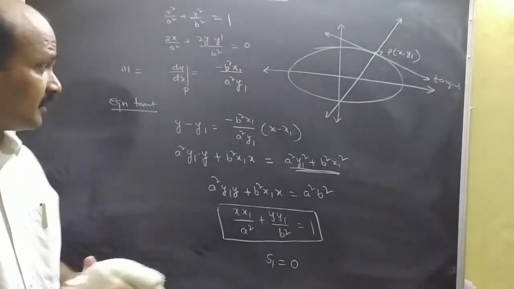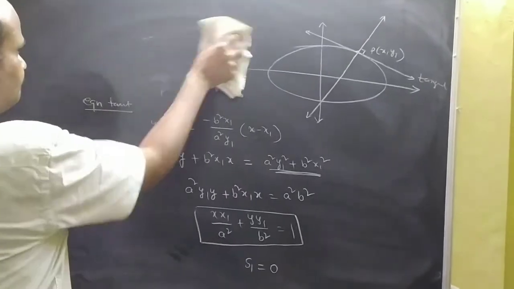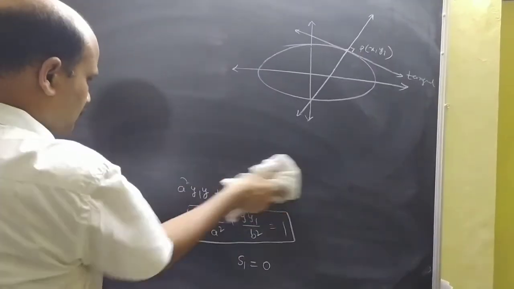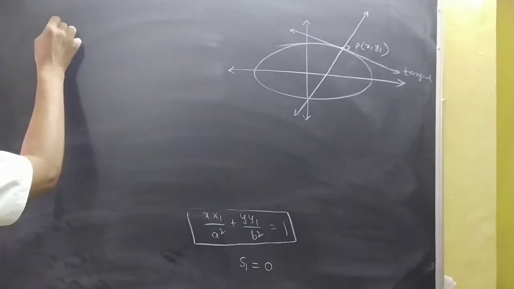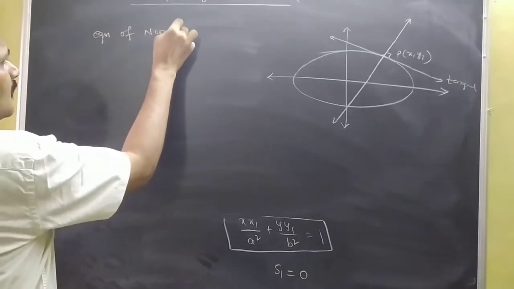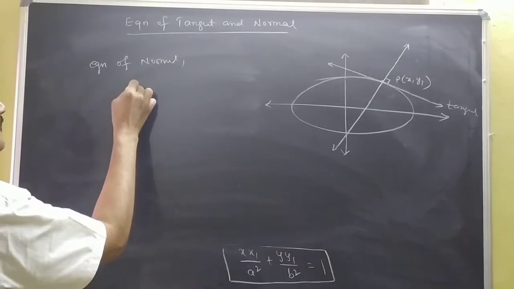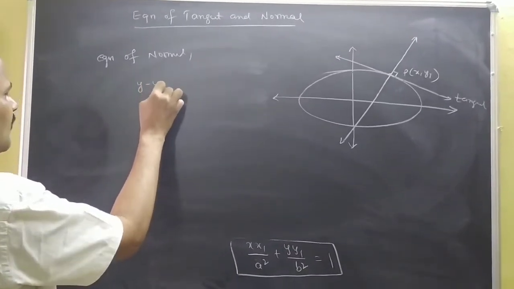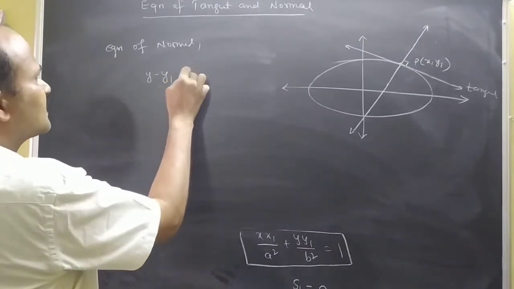Now the equation of the normal. The equation of the normal is y − y1 = (slope of normal)(x − x1).